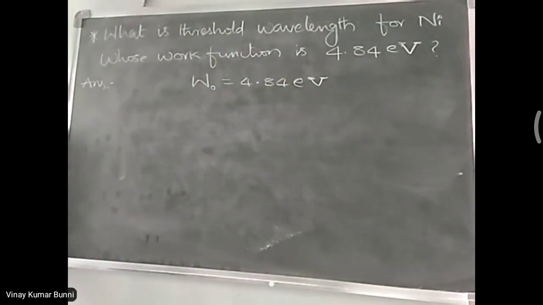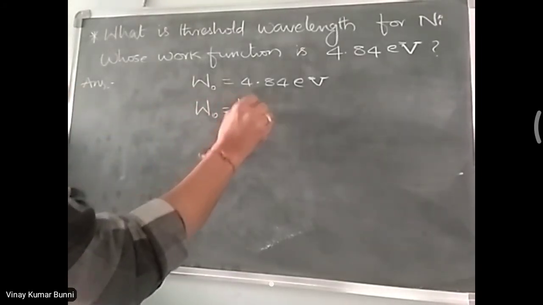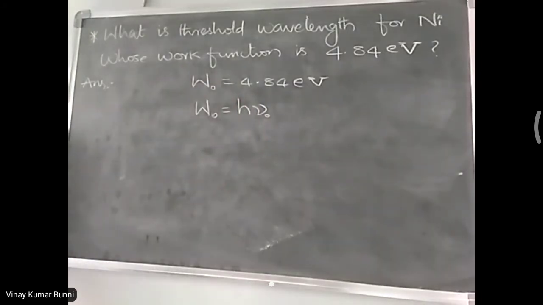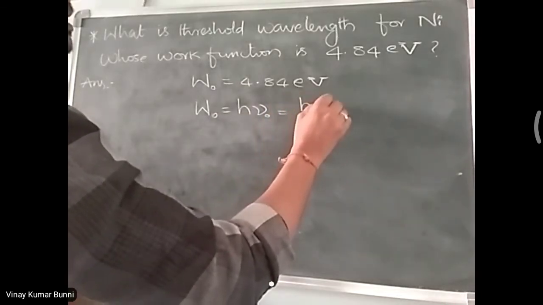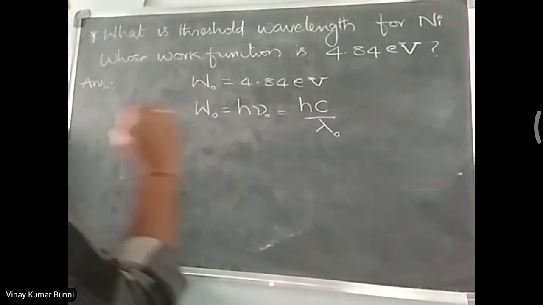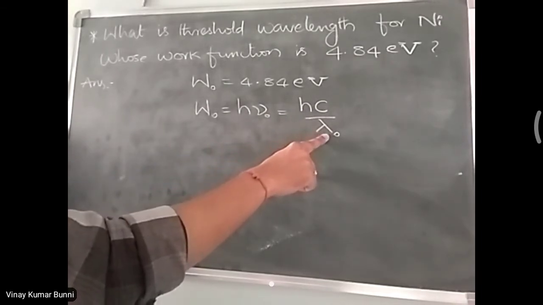And what is the formula for the work function? W naught equal to h nu naught. So in place of nu naught, we can write hc by lambda naught. So now you are going to calculate lambda naught.